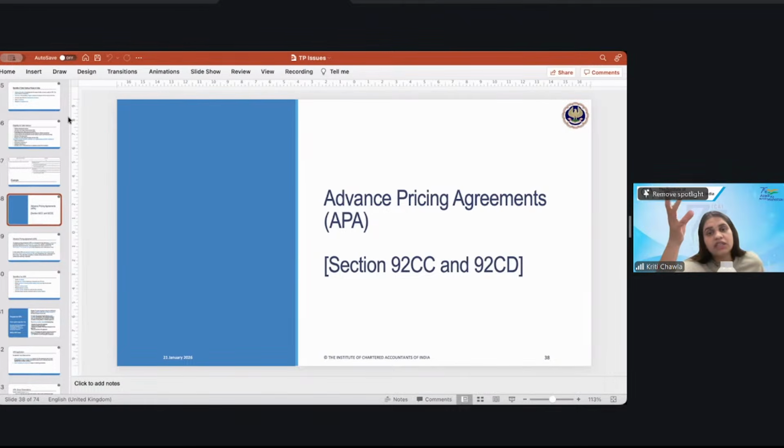That is called a bilateral APA. And if the tax authorities of multiple countries are involved, that's called a multilateral APA. But I'm not getting into those details here. So yes, other countries' competent authorities can also be involved.